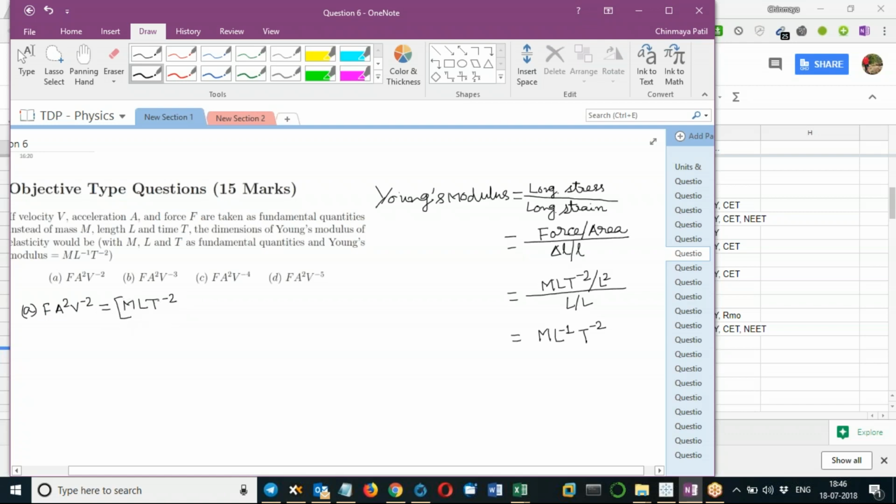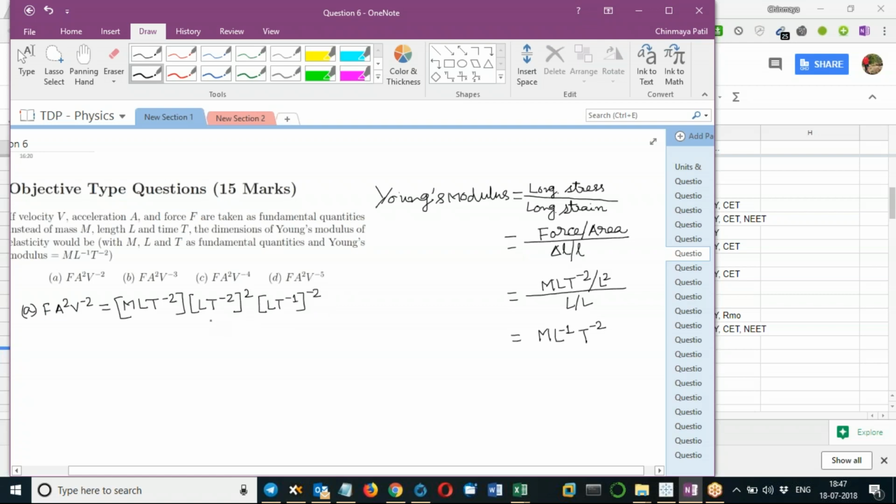Okay, so this is one thing. Then we have acceleration squared, which is L T power minus 2, all squared, and velocity V is L T power minus 1, with the power of minus 2.